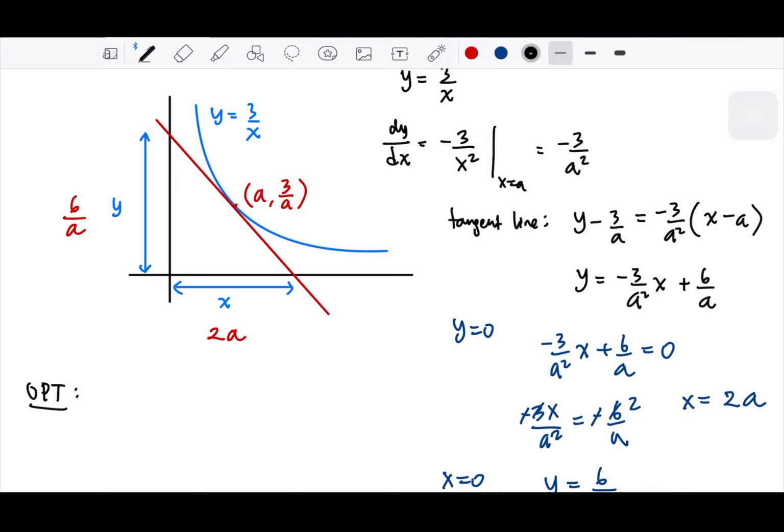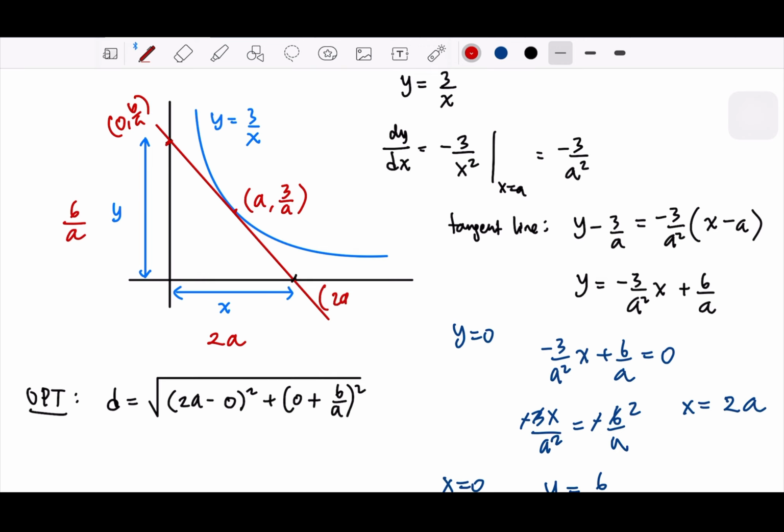So for the optimization itself, our distance will be the square root of the two intercepts, 2a minus 0 plus 0 plus 6 over a. So this will be 0, 6 over a. This will be 2a, 0. And we find the distance formula from there.